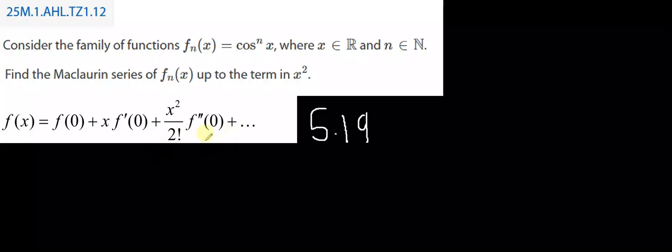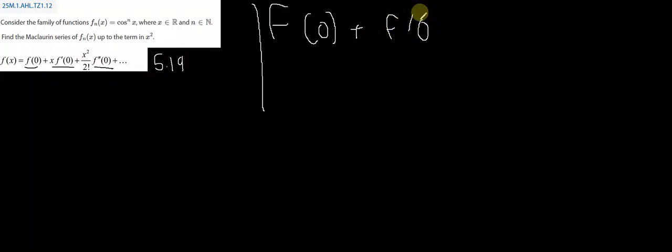So to do this, because we only need to go to x squared, you can see here that we only need to find f(0), f prime of 0, and f double prime of 0. So let's put this to the side here. We need to find f(0) plus x times f prime of 0 plus x squared over 2 factorial times f double prime of 0.